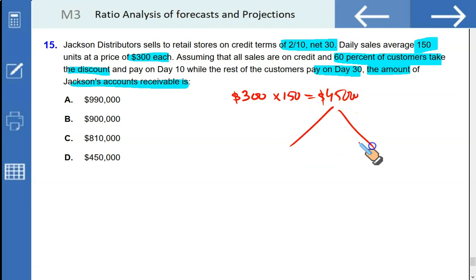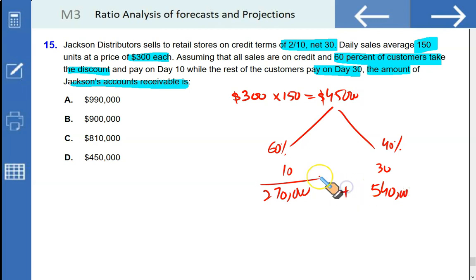Out of this, 60% is to the customers who pay us within 10 days and the remaining 40% pay us at the end of the 30th day. So if you simply multiply 45,000 by 60% times 10, that gives you 270, and again 45,000 multiplied by 40% times 30, 540. So it ends up again at 810. That's C.